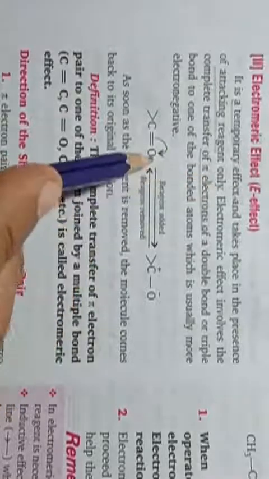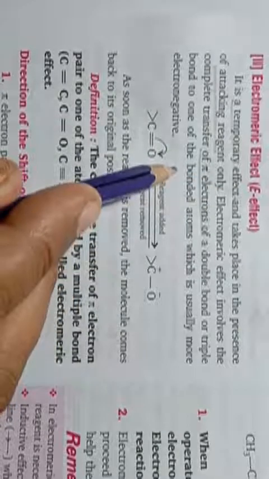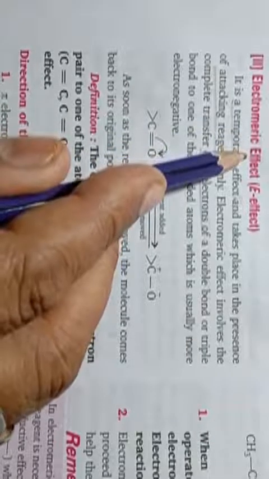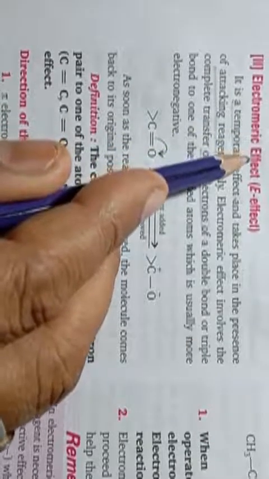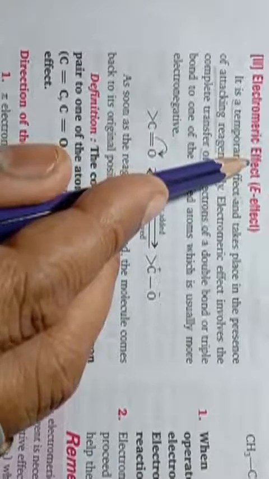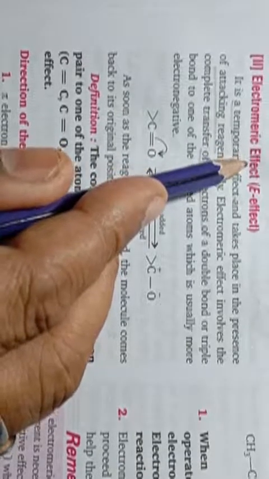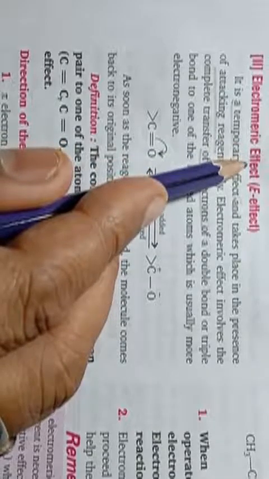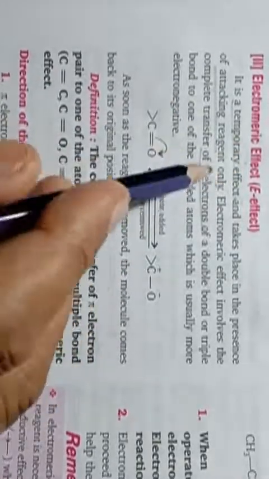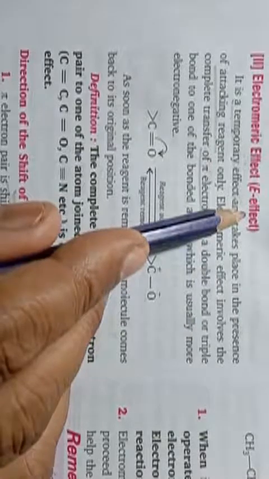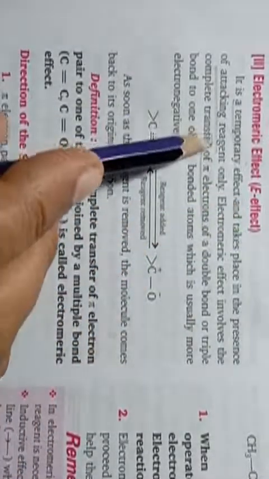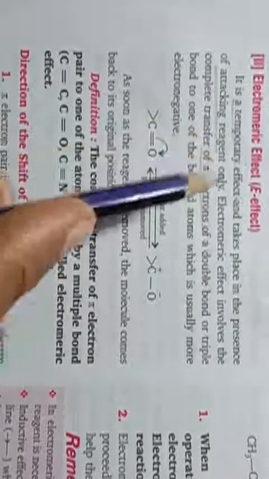At the time of attack of the reagent, this effect will come into existence, and as soon as the attack is complete, this effect will automatically diminish. So this effect comes into existence at the time of the attack of the reagent on the substrate only.